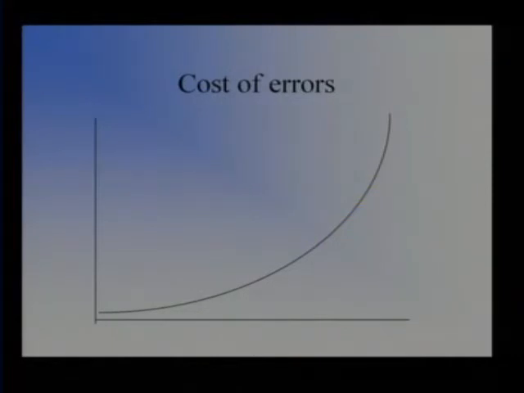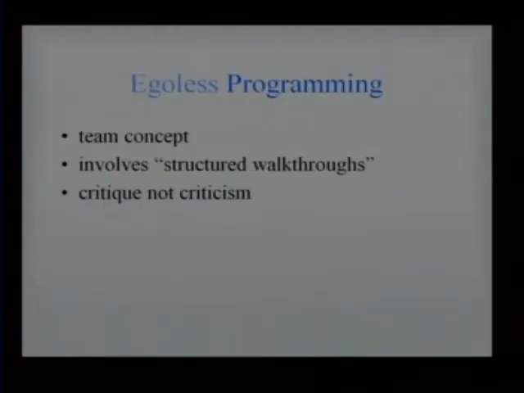In the HMS Sheffield, the cost of an error was the loss of about 30 people's lives. So problem solving involves getting rid of the mistakes, and it does involve a process called egoless programming. This is a team concept. It involves structured walkthroughs. You put your program out there and people look at it and say, well, I think this will work or this won't work because.